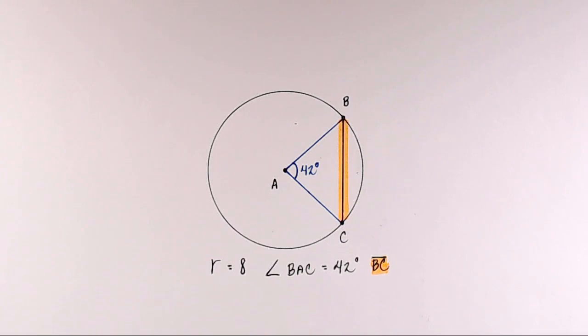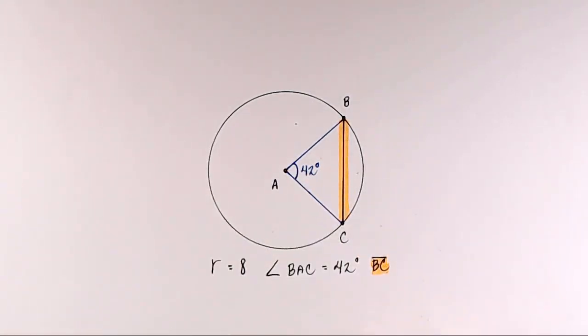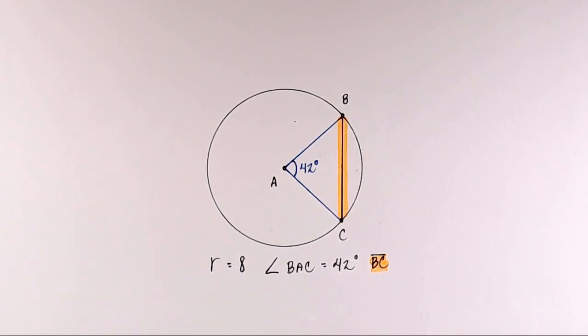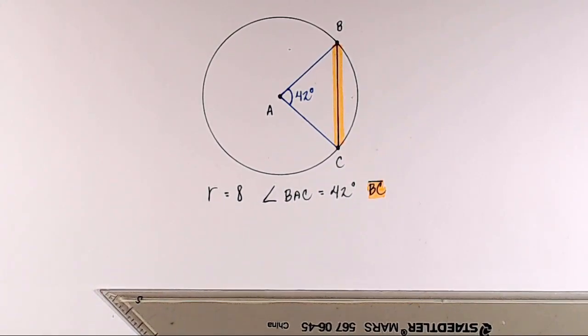So, how do we find that length? Well, here's the solution process. The first thing we're going to do is convert 42 to radians. You don't actually have to do this, and I'll show a solution method at the end that doesn't involve converting to radians. But because we're trying to practice the skill of converting to radians, and because in some cases it's required, we're going to do it here.